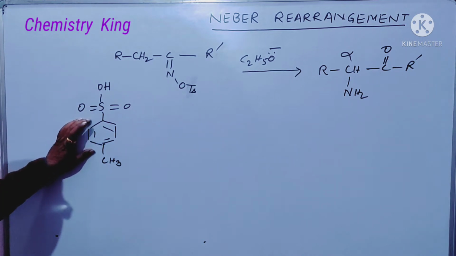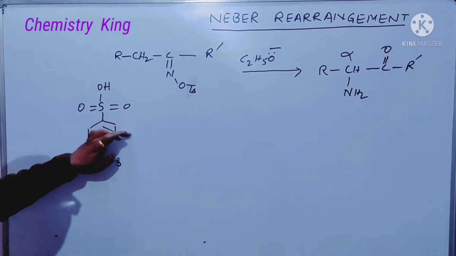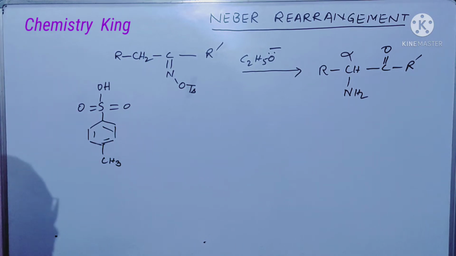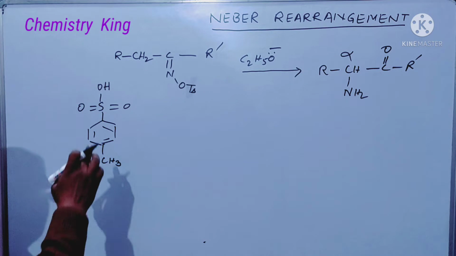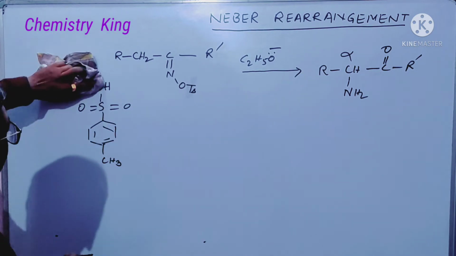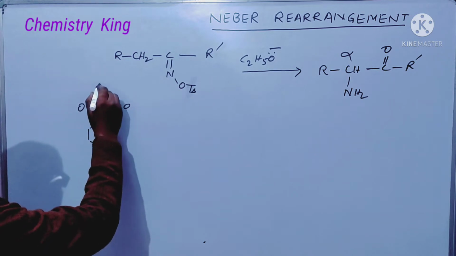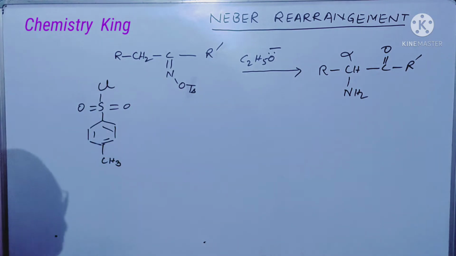The name of this benzene appears in toluene. When it is allowed to react with thionyl chloride, Cl will be here.